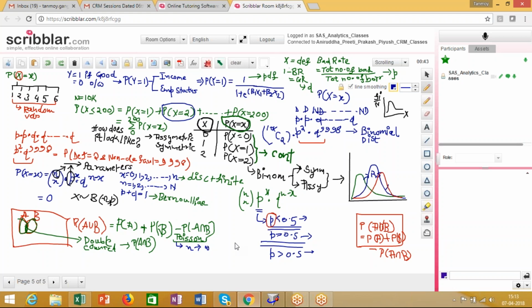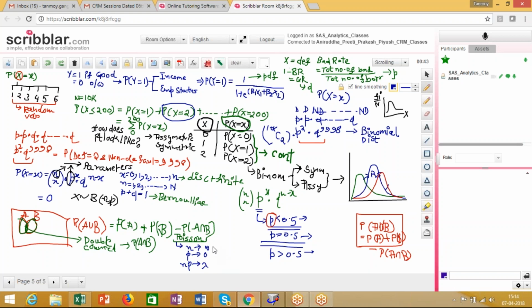The next part is that the probability of success is sufficiently small. If n tends to infinity, the assumption is that p tends to 0, and from there np tends to lambda, right?